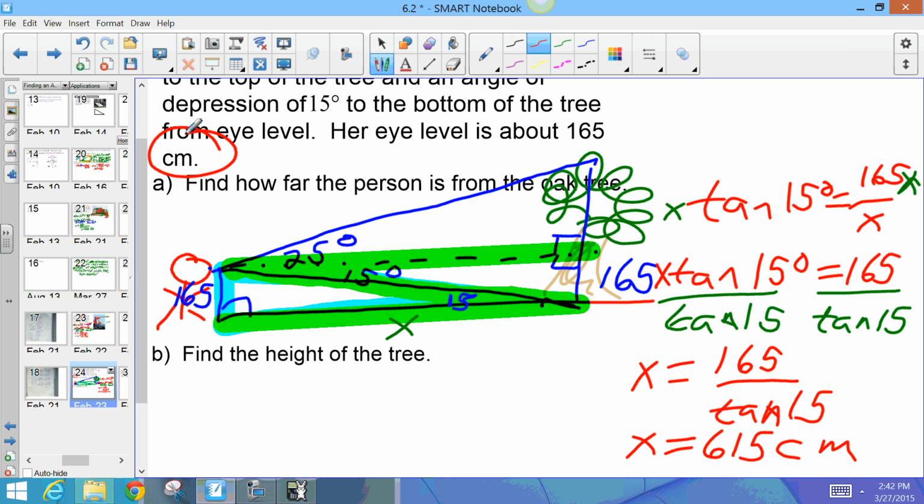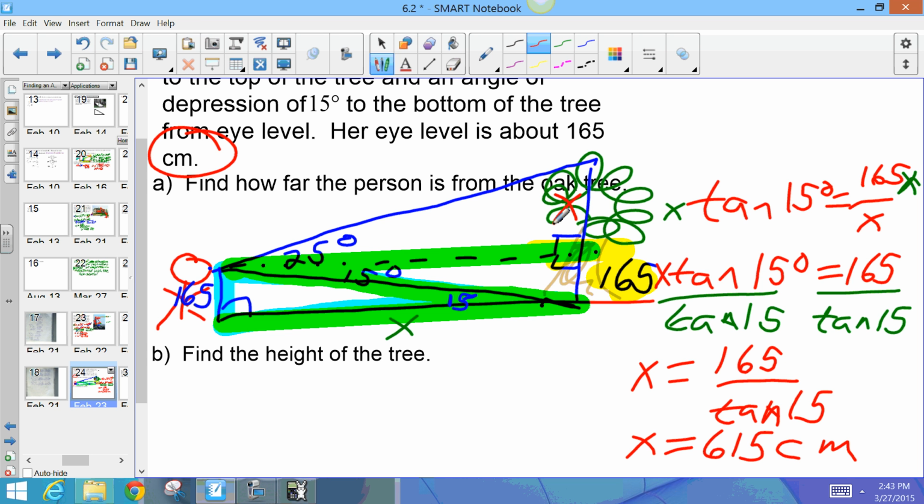Part B, find the height of the tree. I'm already given 165, from the ground to her eye level. I would also like to know the distance from her eye level to the top of the tree.